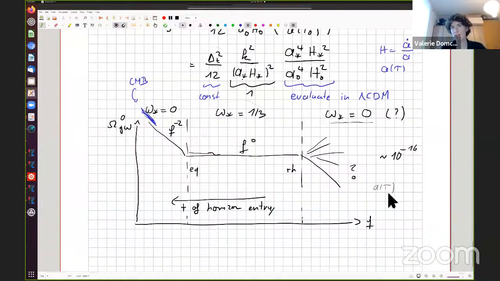So hypothetically, if you could measure this over this entire range, which is an arbitrarily difficult process for many reasons, then in principle you could map the evolution of the universe, or map the scale factor to arbitrarily high energies, way beyond the energy scales that we can ever reach with colliders.